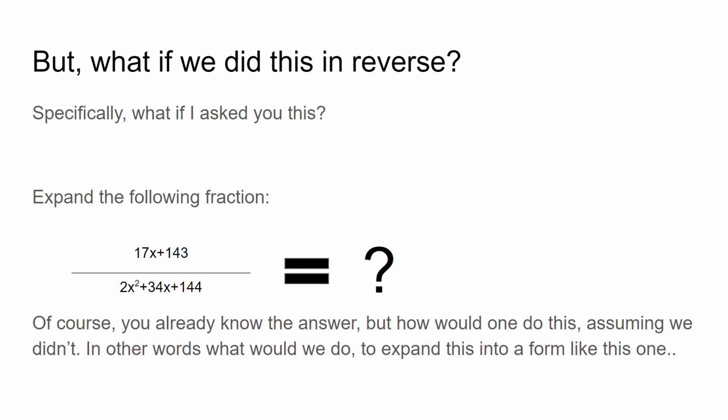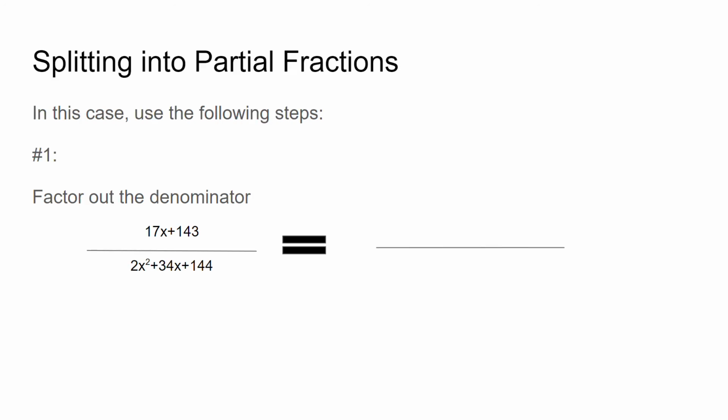In the calculus exam, on your teacher's tests, or whatever it is, you're probably going to need to show work. So how do you do this? And keep in mind, since we know the answer to this already, you can use it to check whether you're correct or not. So we're going to expand this fraction. So first things first, we have to factor out the denominator.